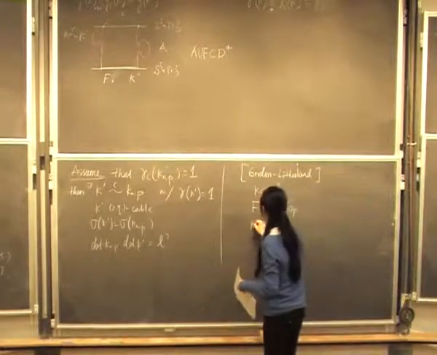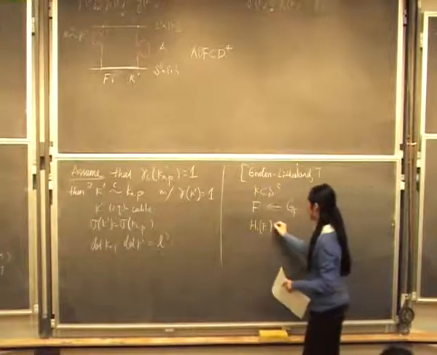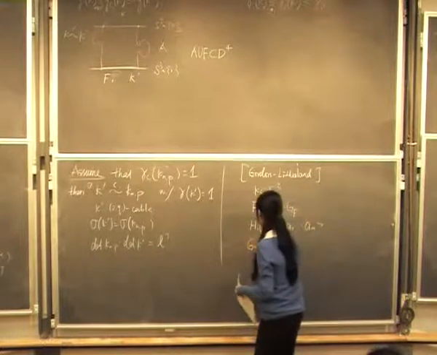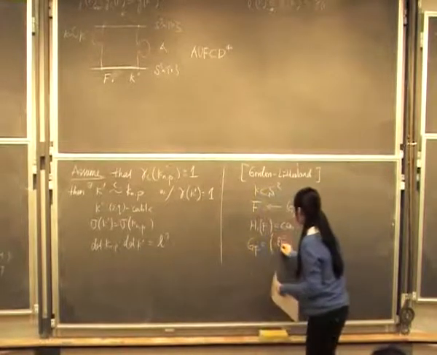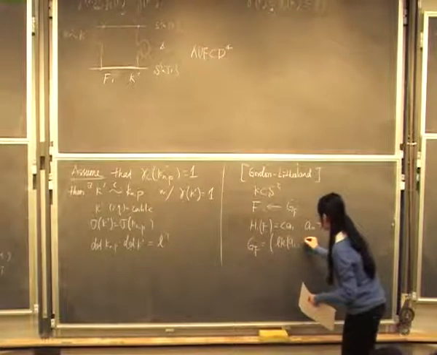Given a generator system of the first homology group of the surface, G_F is this kind of symmetric matrix.